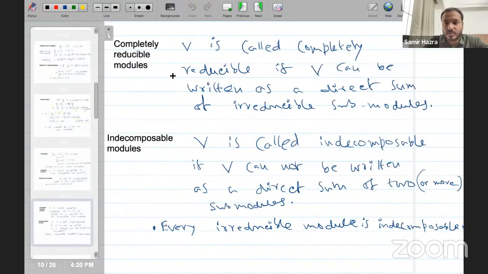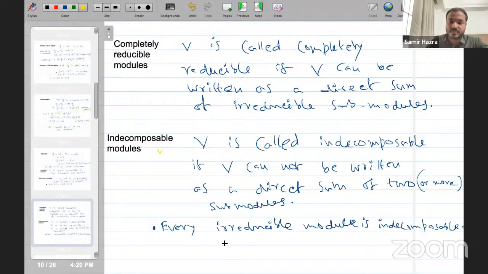Now, completely reducible modules. V is called completely reducible if V can be written as a direct sum of irreducible submodules. And indecomposable modules: if V cannot be written as a direct sum of two submodules, then V is called indecomposable.